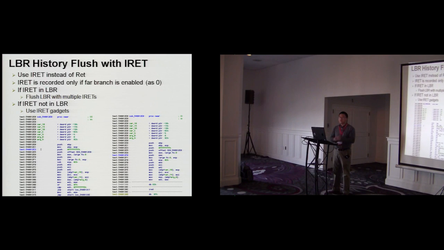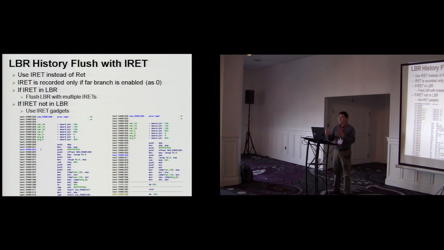You can also flush the LBR probably with IRET. IRET is something different, because IRET usually works for interrupt-based routines, and an interrupt could happen at any time. So you don't have a rule. For return, you can clearly say it should return to a call-preceded instruction.